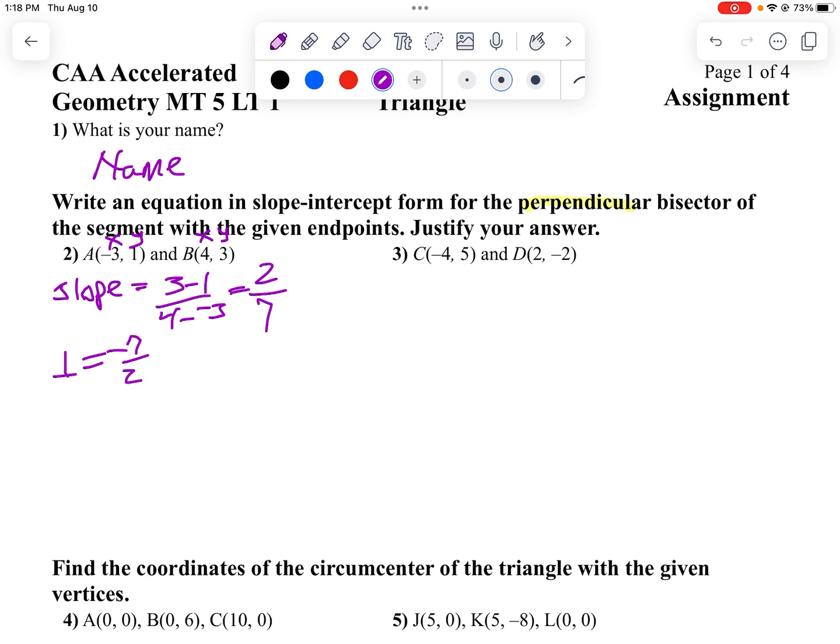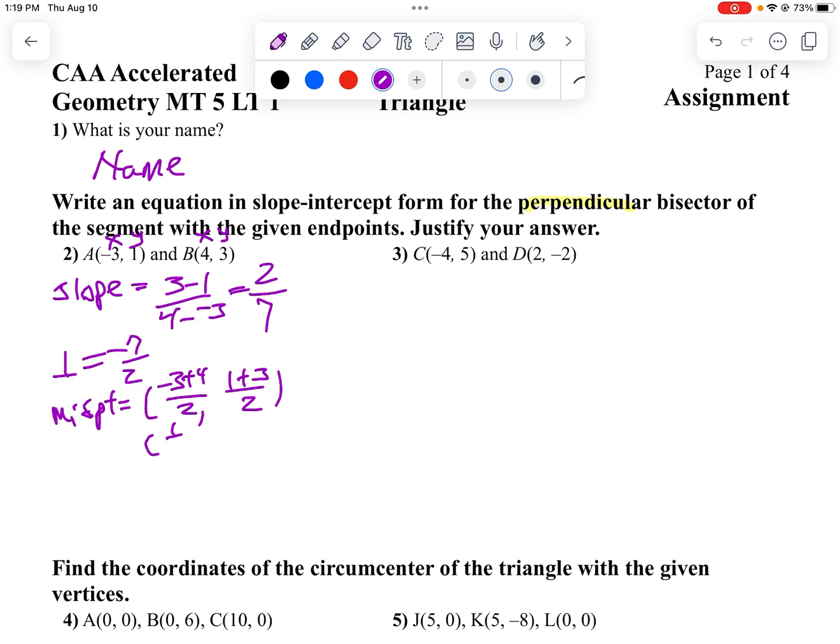Now we need to find the midpoint because we were doing the bisector. So my midpoint formula, I'm going to add my x's, negative 3 plus 4, all over 2, and 1 plus 3, all over 2.